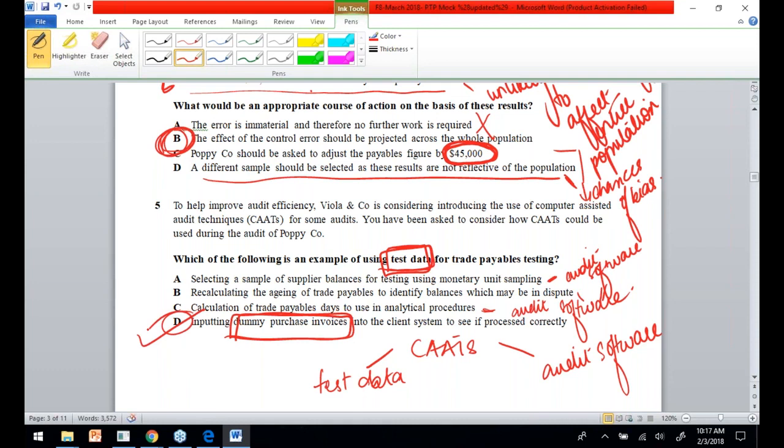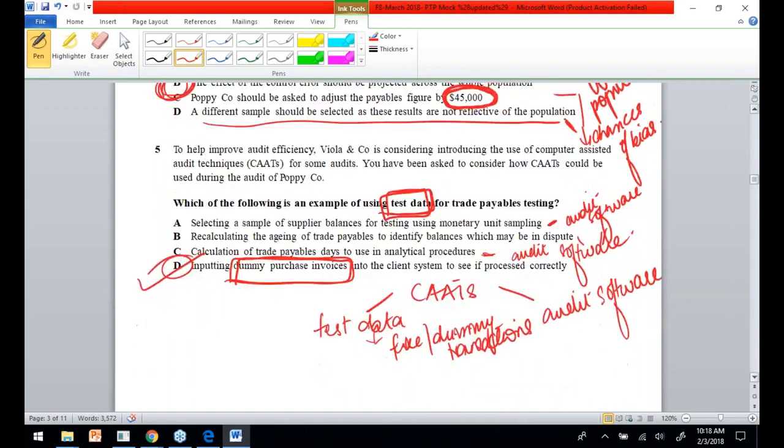D was the correct option because test data means using fake or dummy transactions. Remember that. If you know your concepts clearly, and if you know details of your concepts, these should have been easy to answer. This was a relatively easy question.